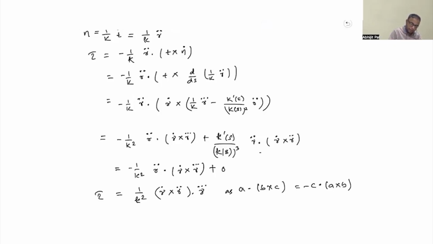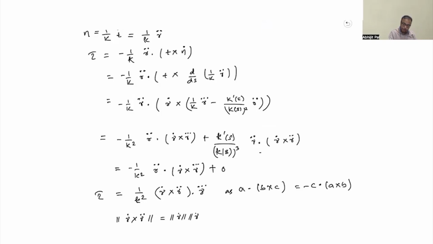If I take the norm of this γ dot vector product with γ double dot, they are orthogonal to each other, so this is equal to the norm of γ dot times the norm of γ double dot.